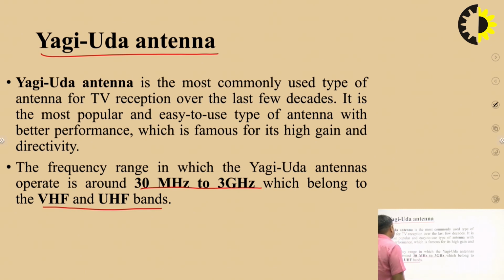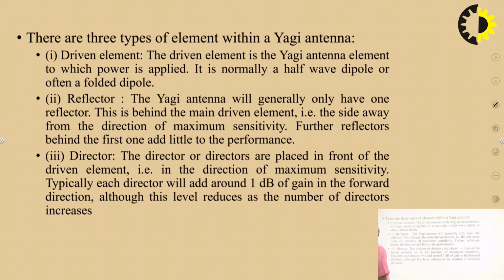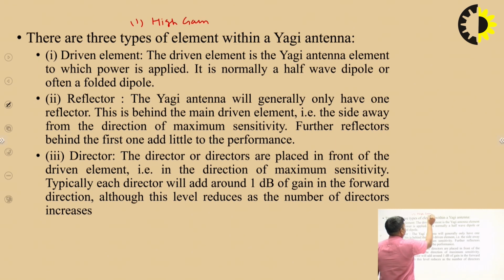So what are the salient features of the Yagi-Uda antenna? The first salient feature is high gain. This antenna introduces a high gain because it works as an end fire array. What is the meaning of end fire array?